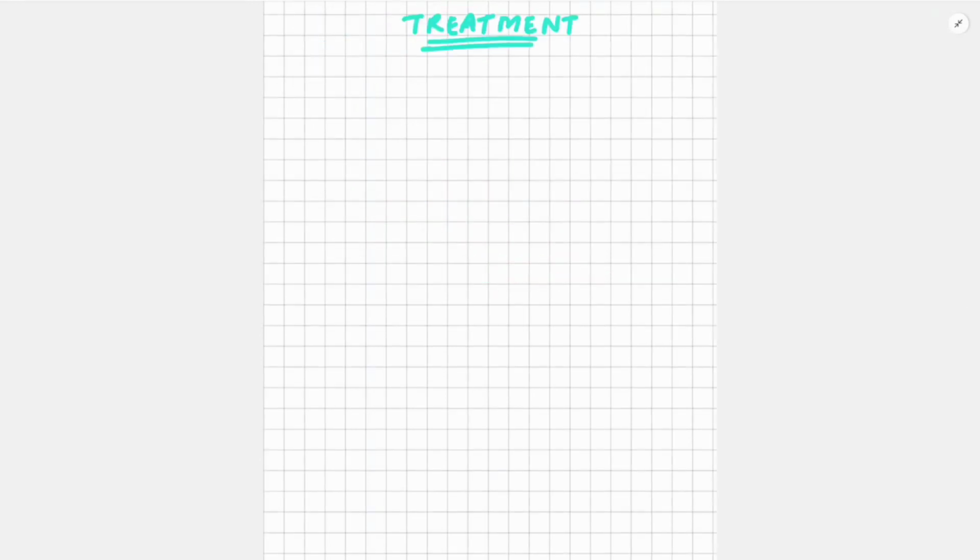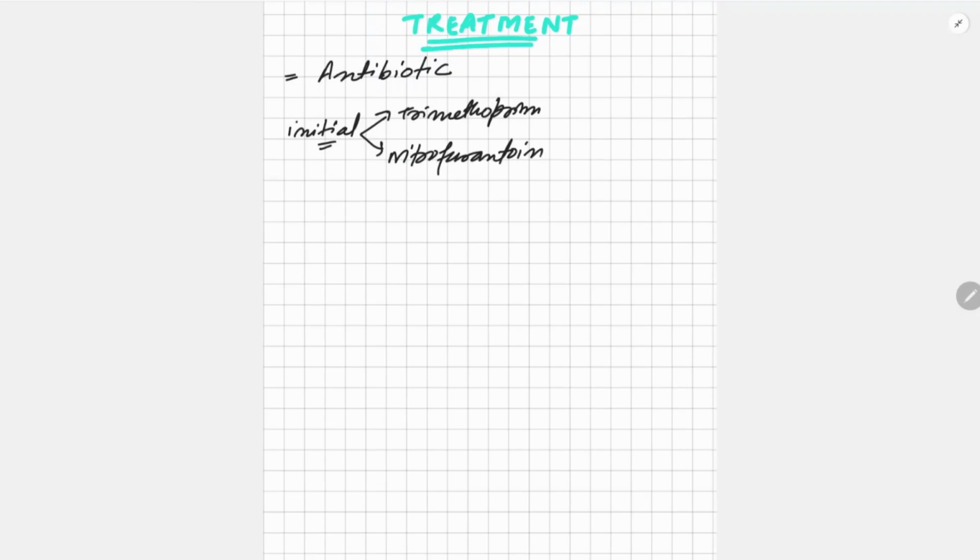Now, coming to the treatment part. The choice of treatment is antibiotic. And the initial antibiotics which we use are trimethoprim and nitrofurantoin.